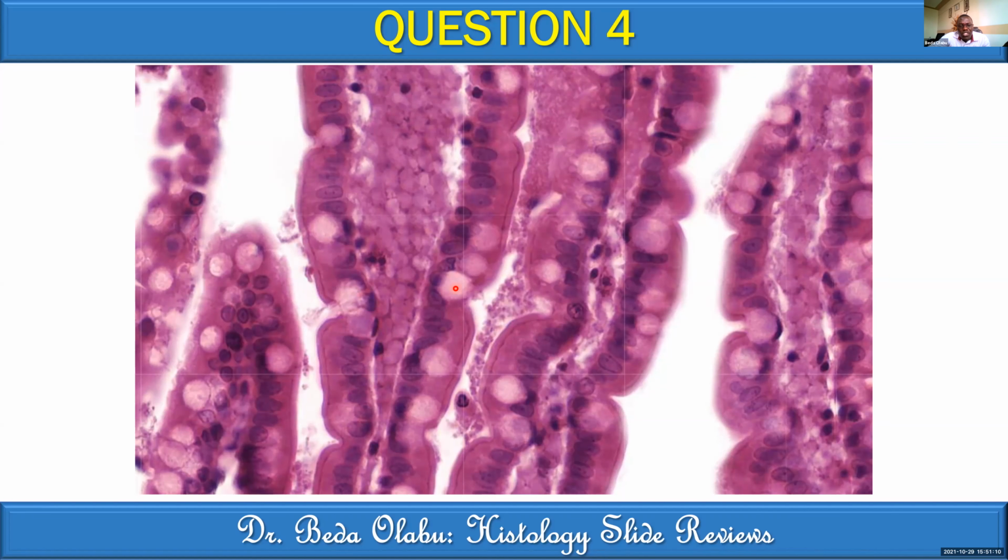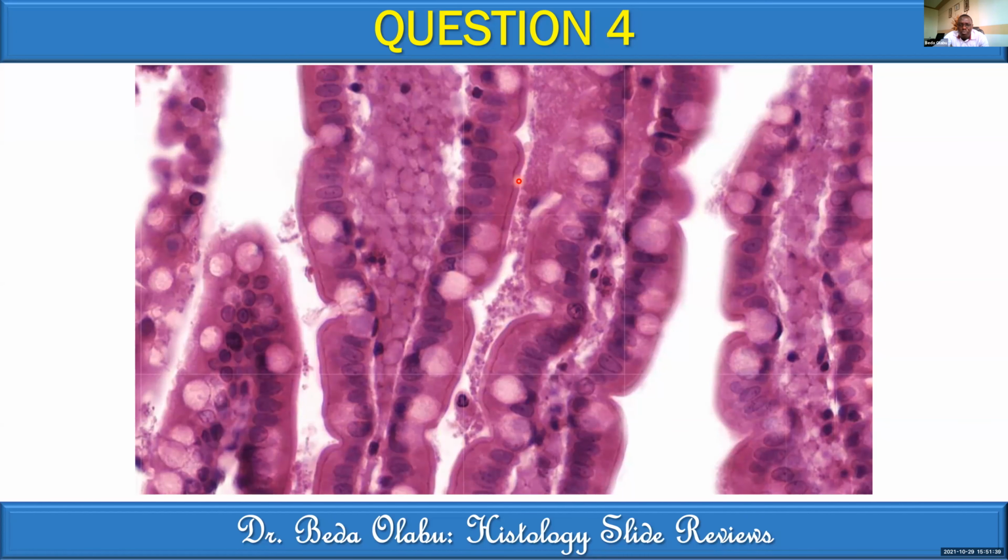And I am happy that you've noted that we have goblet cells there. But just before you mute, what do you see here? Some keratinization. Well, it's not keratinization. When you see that very compact double line, we call it brush border. And brush border is how microvilli look under light microscopy.